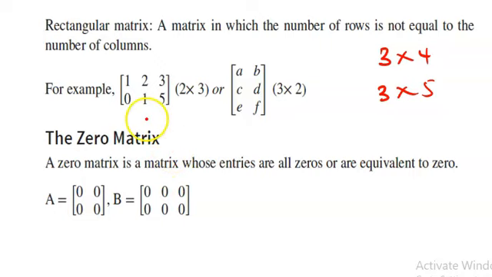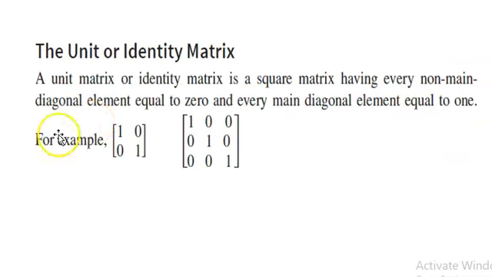That makes it rectangular. Then we have zero matrix. Zero matrix is a matrix whose entries are all zero or equivalent to zero. So this is what we are talking about. The entries, we have 0, 0. The next one, identity or unit matrix. So this is a square matrix. First, underline the word square matrix.